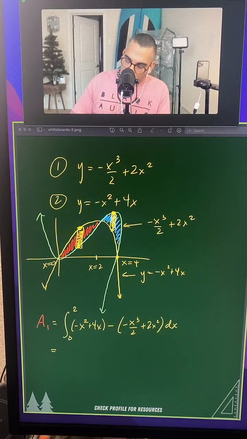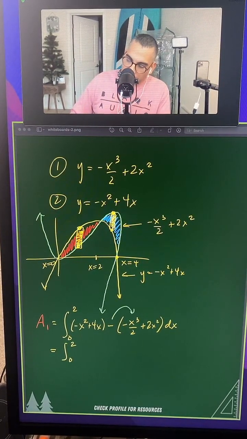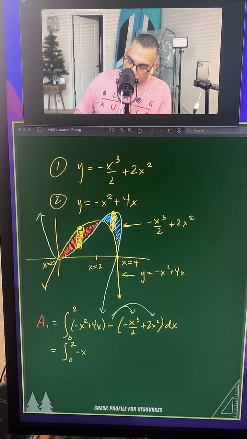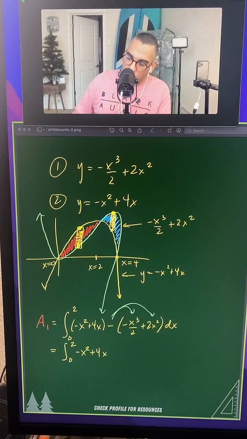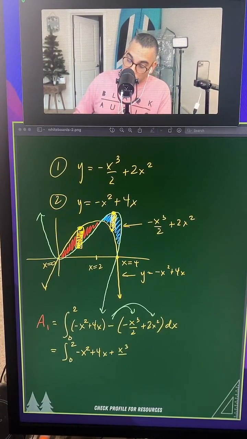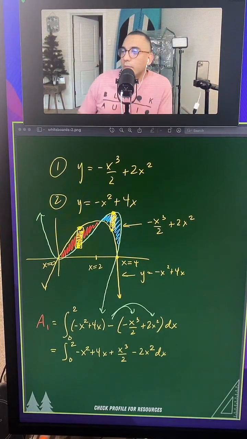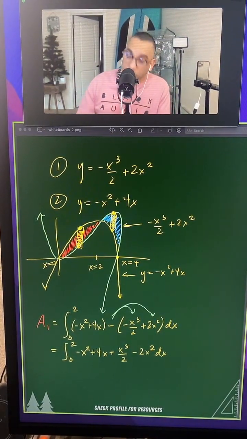All right, so I'm going to go ahead and combine these real quick. And don't forget that in that second value, because we're subtracting, we need to distribute that negative sign. So we have negative x squared plus 4x plus x cubed over 2 minus 2x squared dx. All right. So we need to combine the like terms. It looks like the only thing that we can combine are the x squareds.